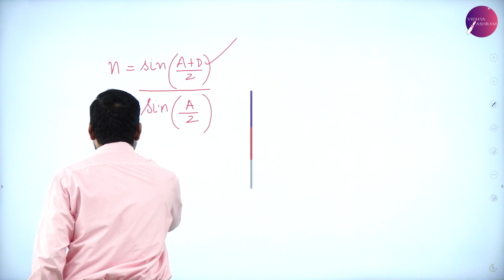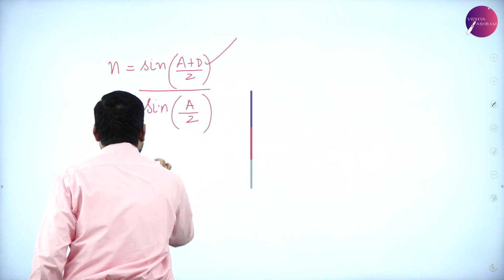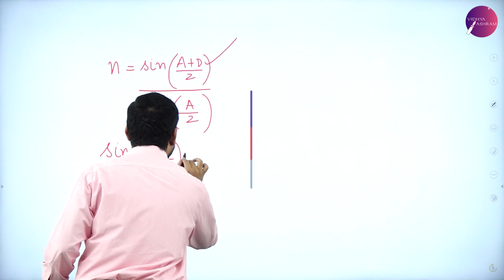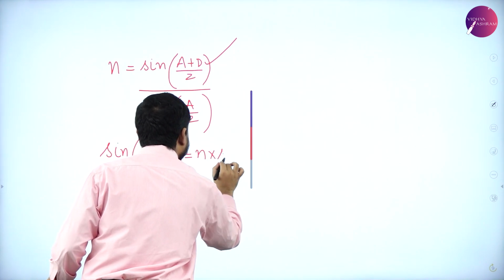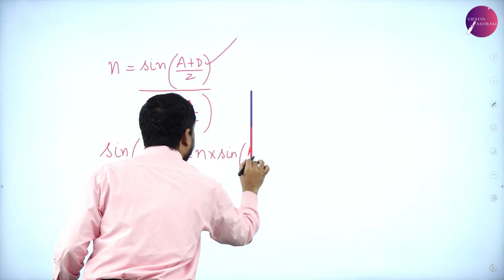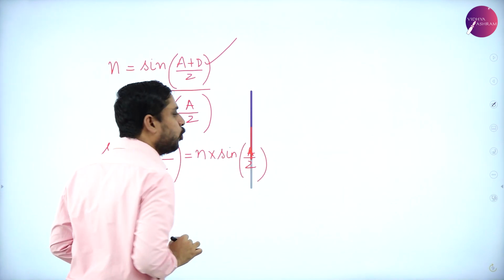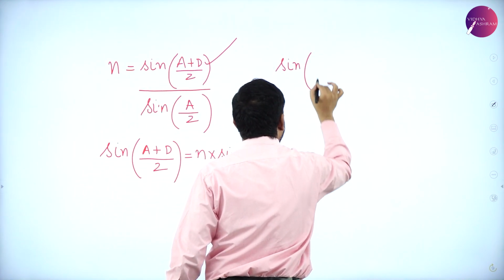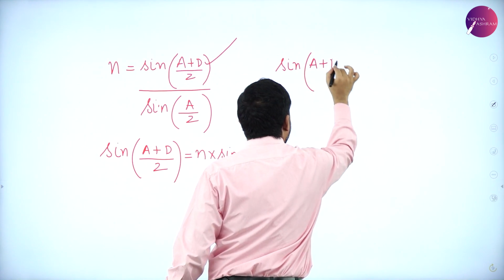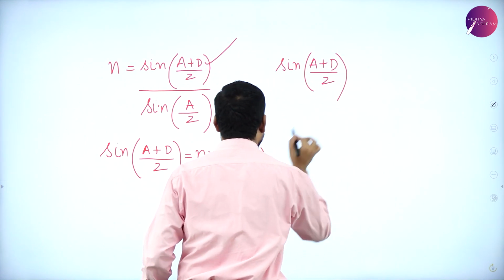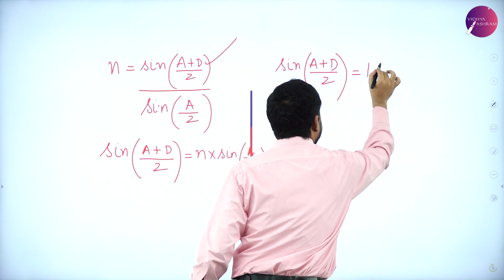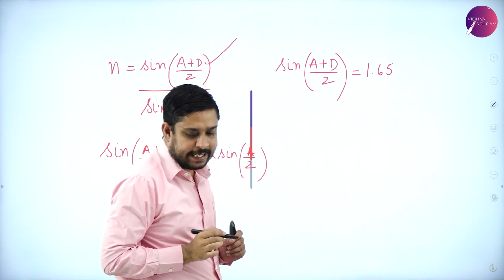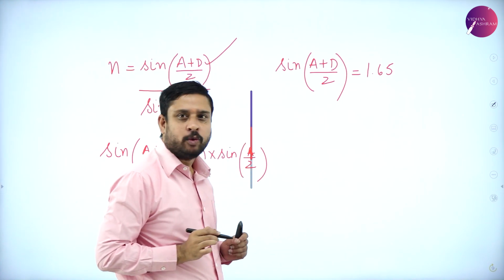Or rearranging this, sin of (A plus D) by 2 is n into sin A by 2. So sin of (A plus D) by 2, refractive index is 1.65 into sin A by 2.